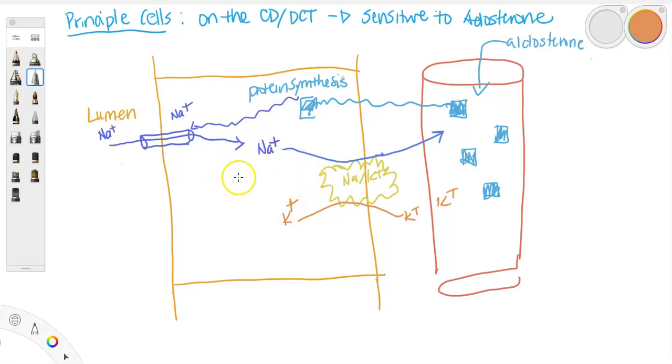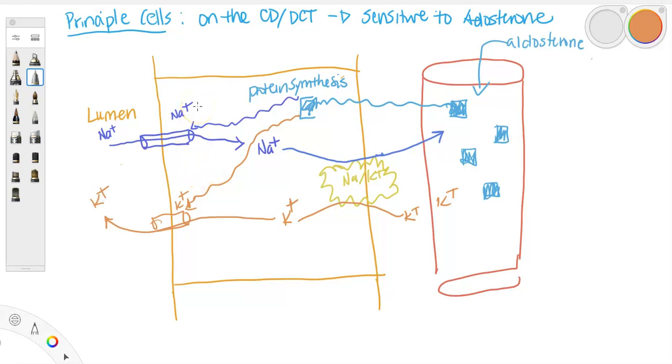So basically, as we're increasing potassium amounts in the cell, this hormone, aldosterone, is also synthesizing channels for potassium. So the potassium is going to go into the filtrate.